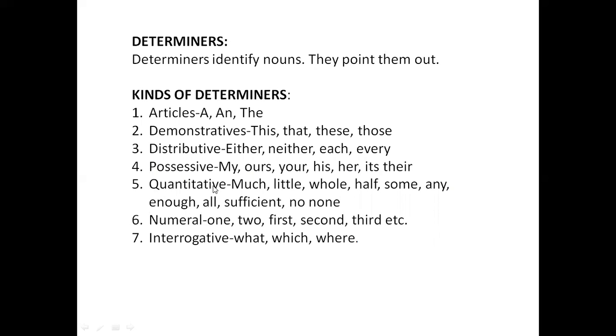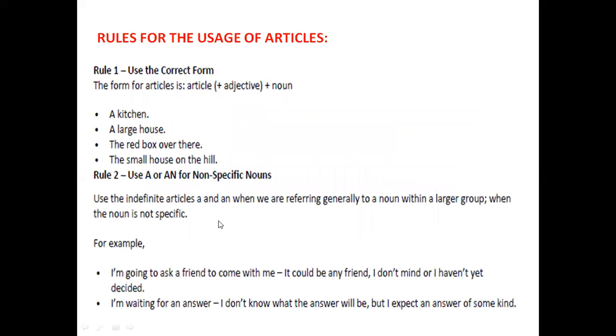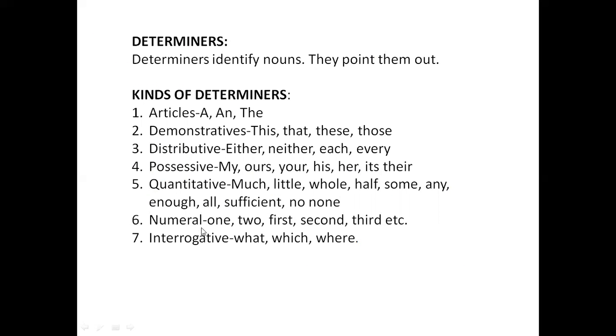Then quantitatives: much, little, whole, half, some, any, enough, all, sufficient, none, no. Then numerals: one, two, first, second, third, etc. Then interrogatives: what, which, where. So these are the kinds of determiners.